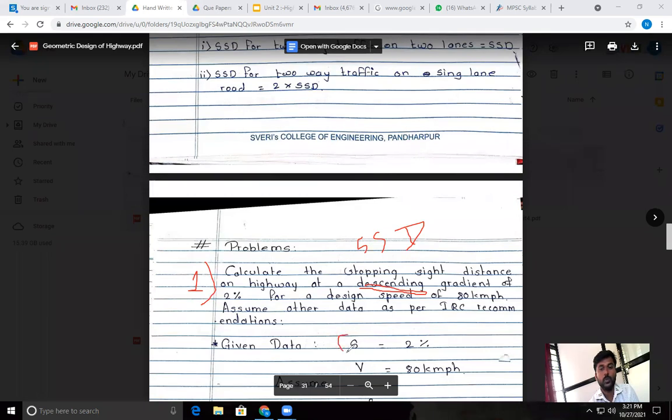It is given as 2%, so take S equal to 2%. For the design speed of 80 kmph, the design speed V is given as 80 kmph. Because the speed is given in kmph, we should use the formula which is in kmph.